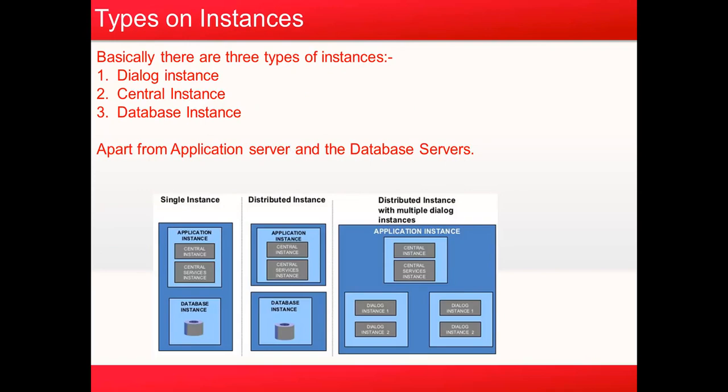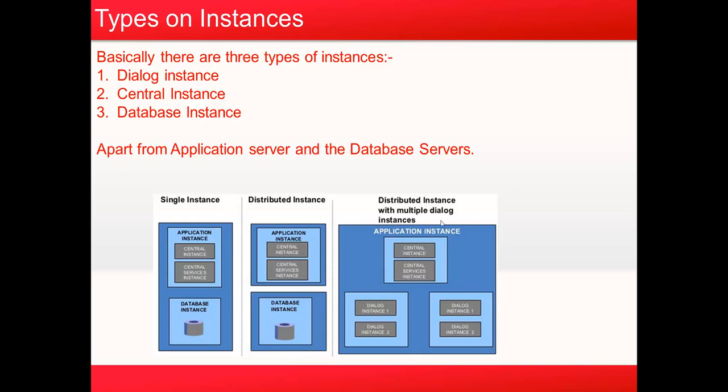Here you can see the types of instances. These are the three main types. This is your single instance system, where you have the application instance, which has the central instance and central services instance, and this is your database instance. In a distributed environment, your application instance is on one system and the database instance is on a different system.